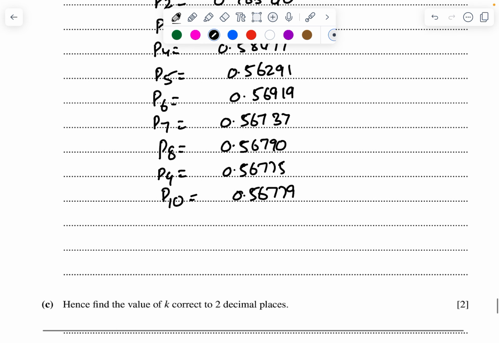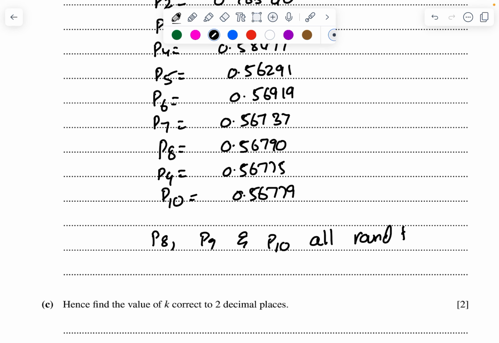So p8, p9 and p10 all round to 0.568 to 3 decimal places.